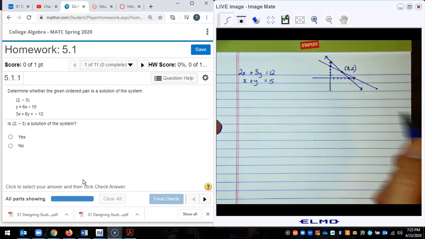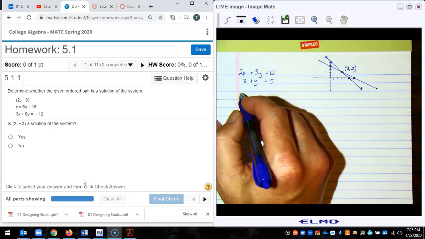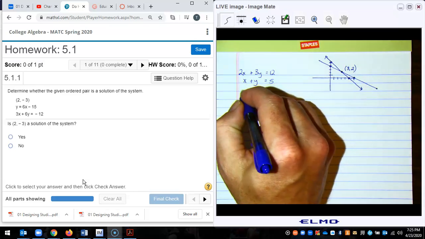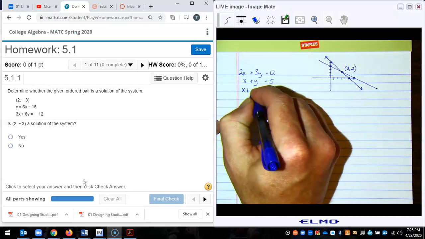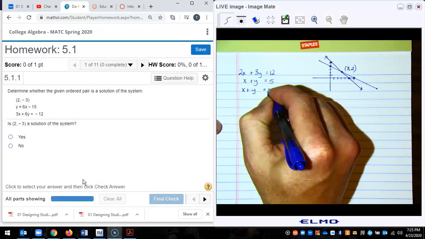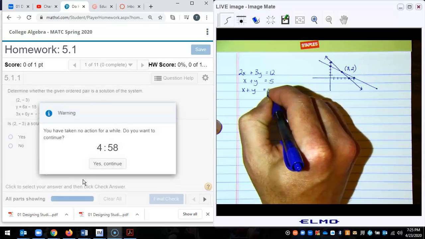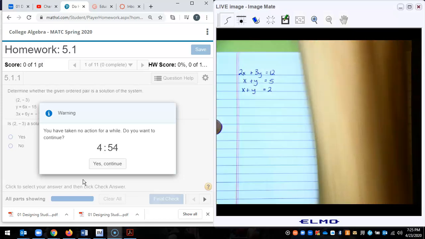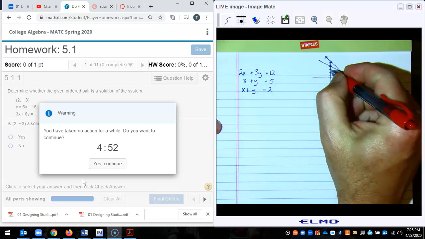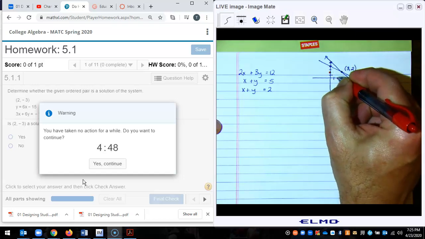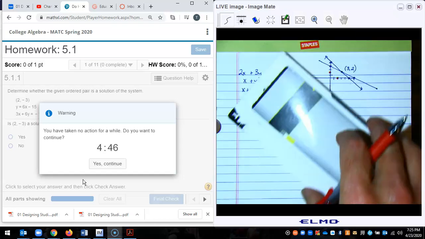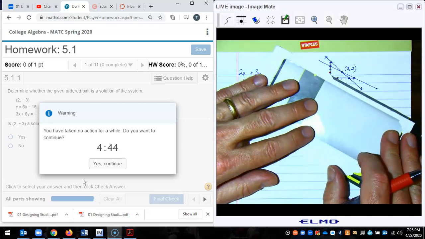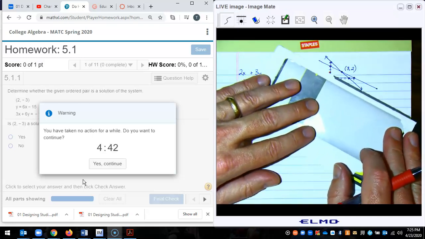Or it could also be where two lines don't meet, meaning I could have this equation: x plus y is equal to, let's say, 2, just for some grins. Let's do that in a different color because I'm going to do it on the same graph. So I know it crosses the x-axis at 2 and the y-axis at 2. Now we can draw that through there.